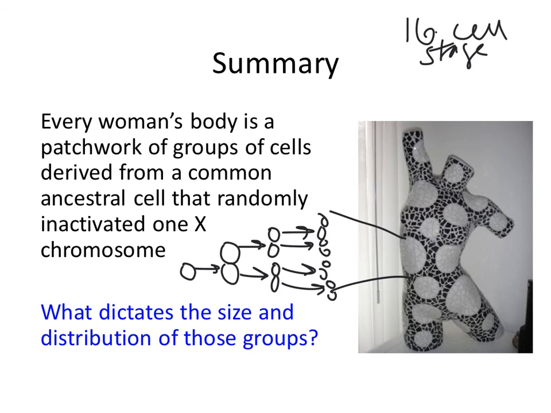What would the torso look like instead? If instead of the 16-cell stage it was the 256-cell stage, that those cells randomly chose an X chromosome to inactivate, how would you draw what that would look like? How would this change?